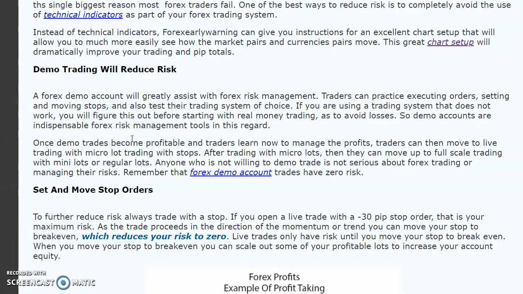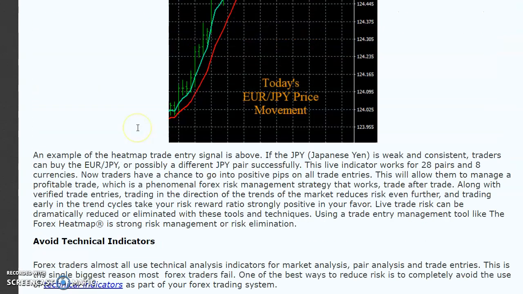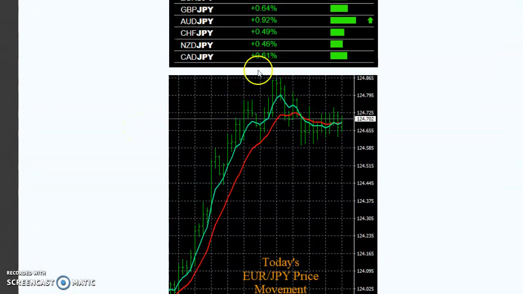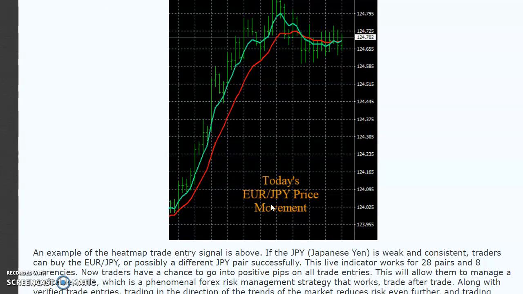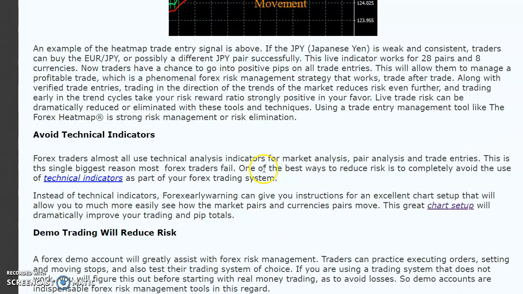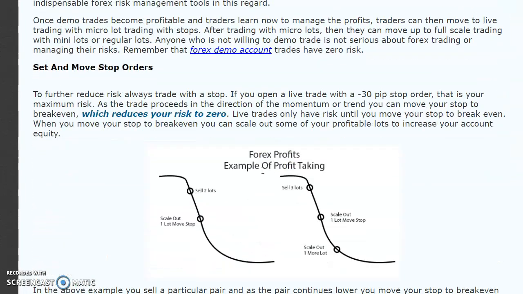Obviously, with a great trading system, you still want to demo trade. You can see a great trade entry, but you still should demo trade to make sure you understand the trade entry process, how to scale out lots, and how to manage the profit that you'll get. So demo trading is good risk management.